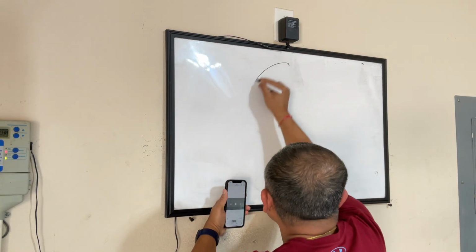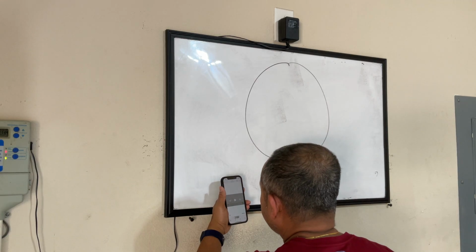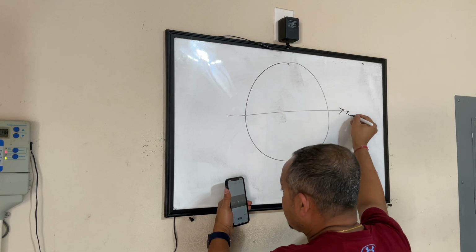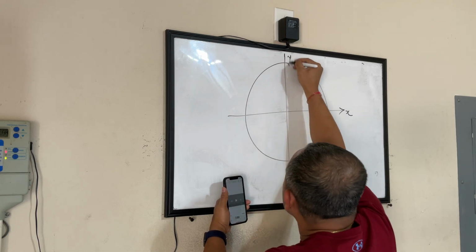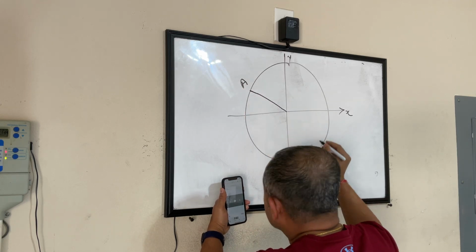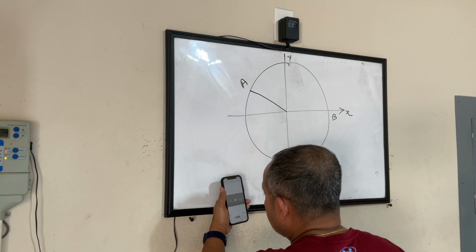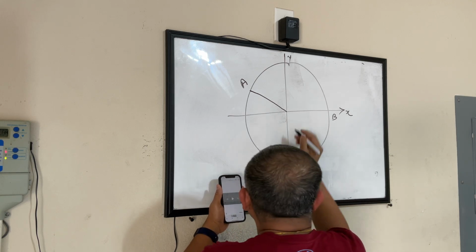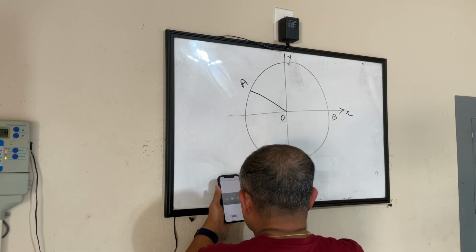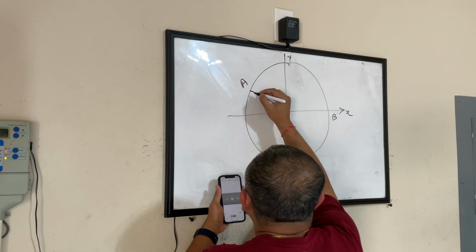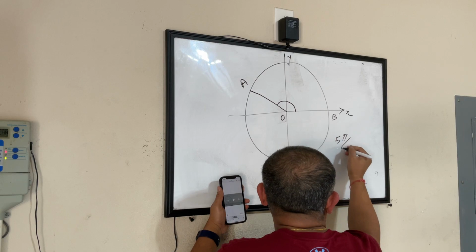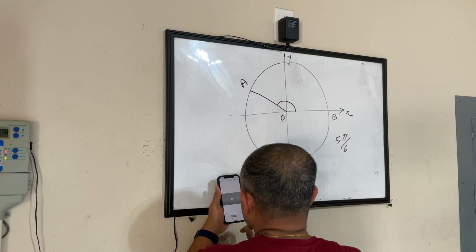So this is a circle. This is the x-axis, this is the y-axis, and this is a point A, this is probably a point B. It says in the xy plane above, O is the center of the circle, and the measure of angle AOB, this one, is 5 pi by 6 radians.